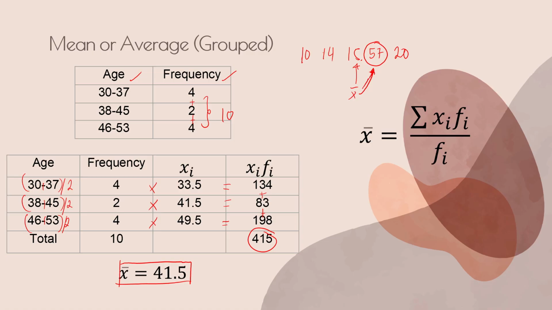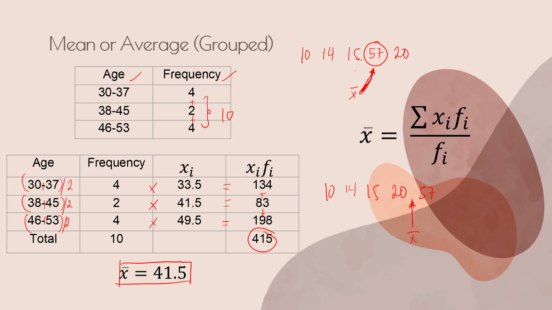It's going to shift your mean, and you're going to have a mean that is about the second highest observation. So your data would look something like this: 14, 15, 20, and then 57. Your mean is going to be found somewhere here.